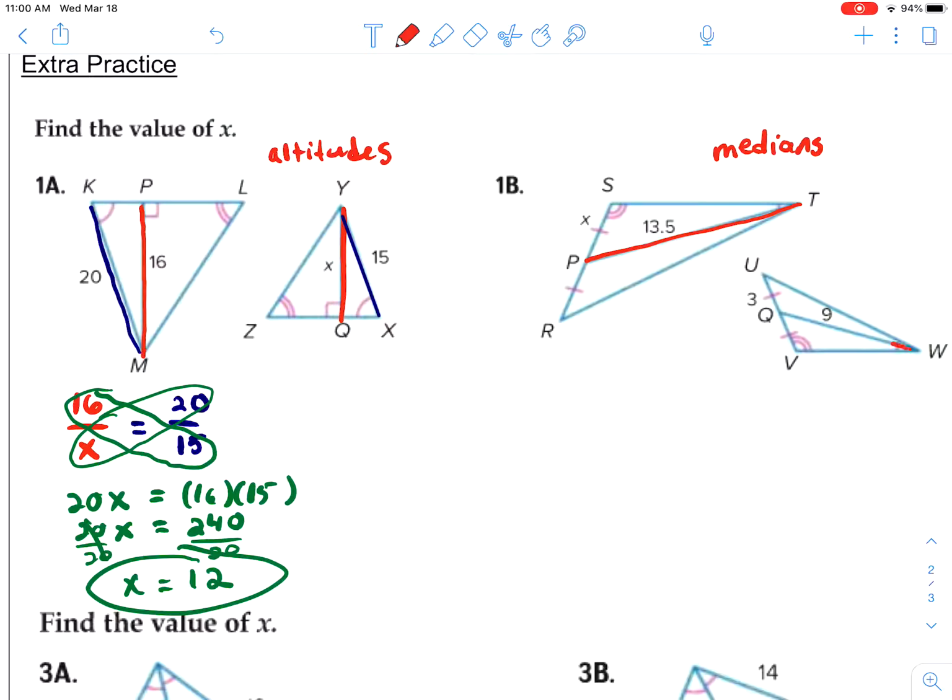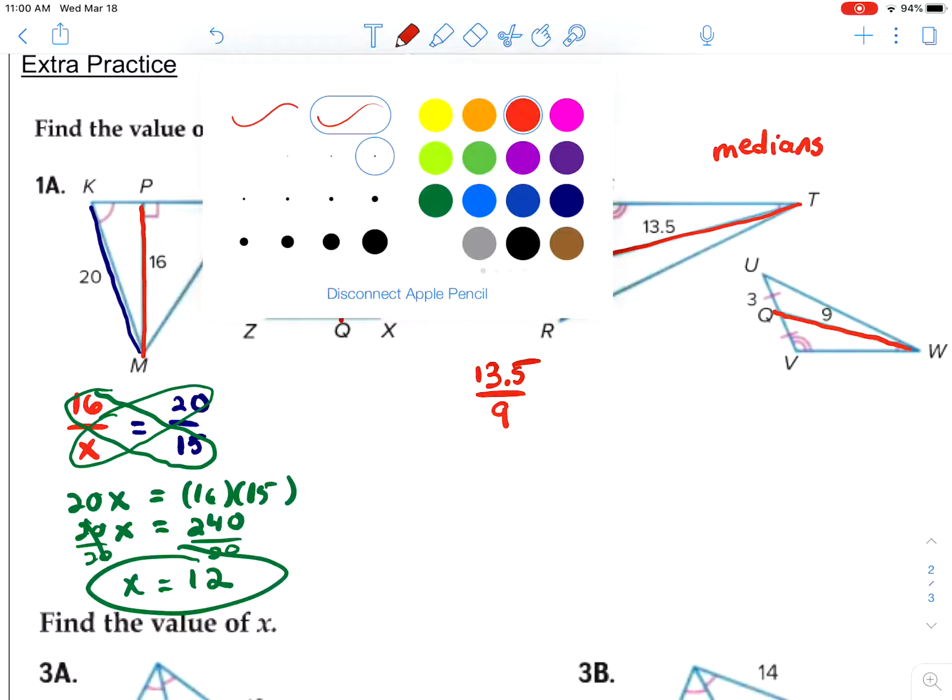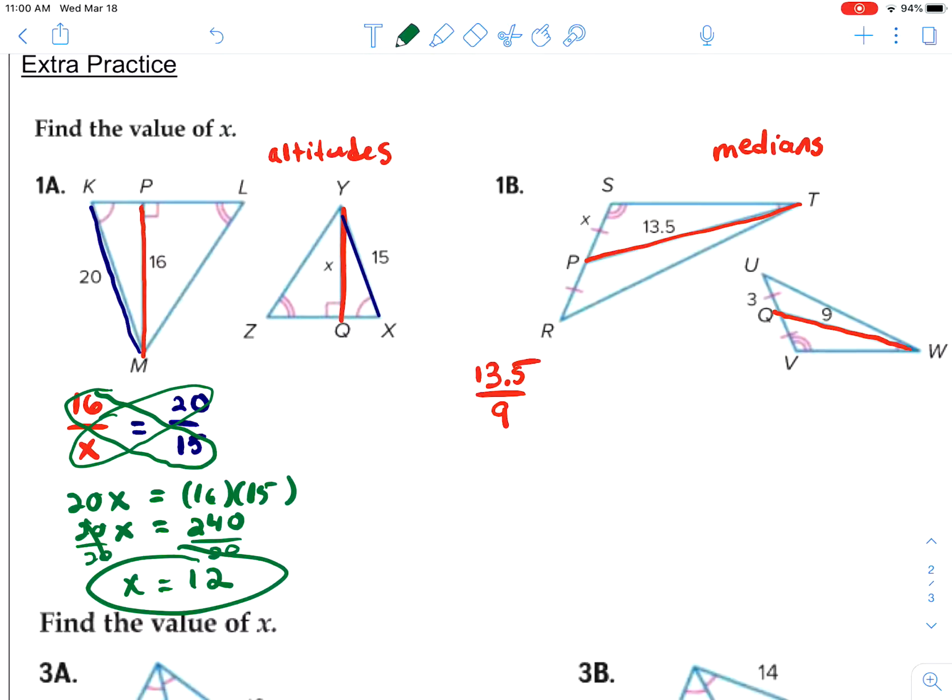So let's look at that median and that median. So we're looking at 13.5 over 9. And then let's look at the corresponding lengths created by the median here.